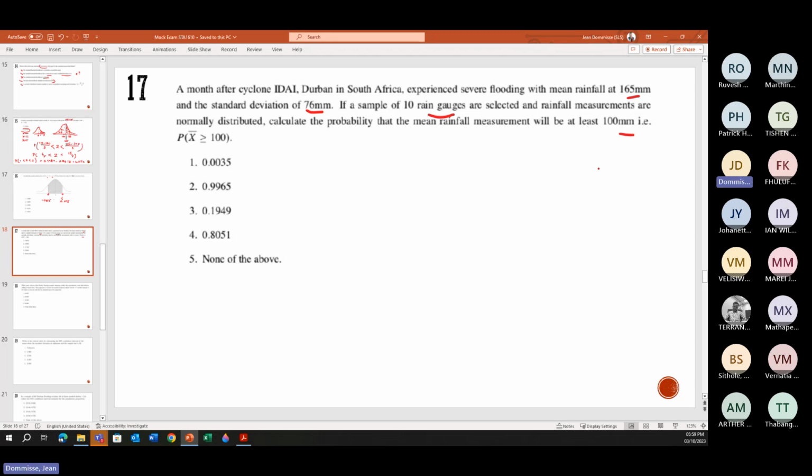Do we know what the population standard deviation is? We don't know what the population standard deviation is. So that already tells me that I would probably work with a T. Do the rest of you agree?